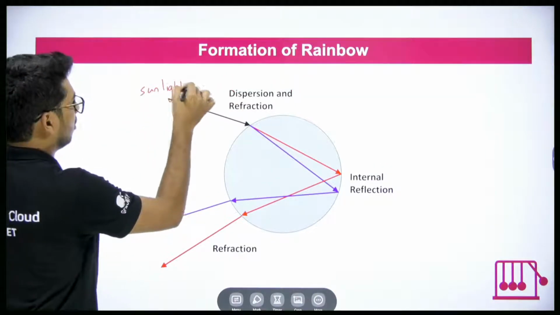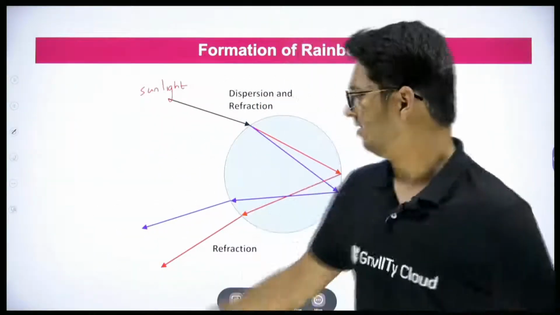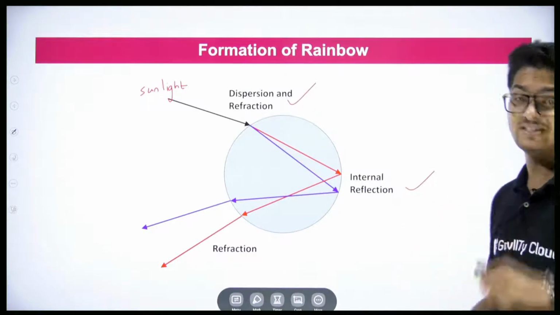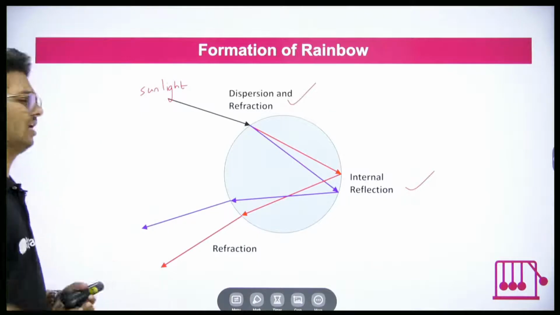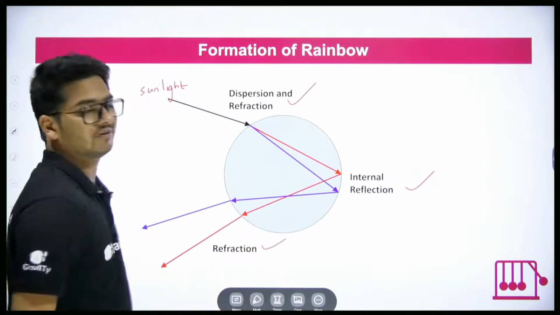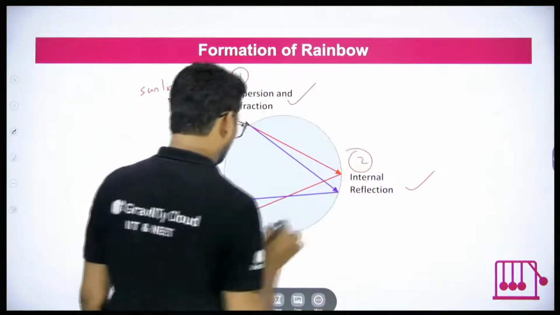And if you go into all the phenomena of light that occur here, the first one, dispersion and refraction. The second one, we are concerned with reflection only. So we call it internal reflection because it takes place inside the same medium. And again we come across what? Refraction. So three phenomena occur. 1, 2, 3.